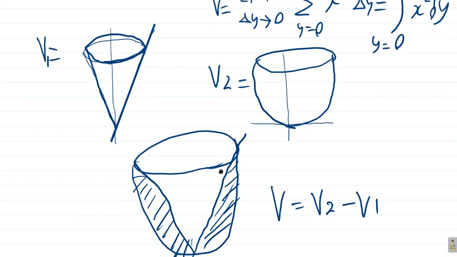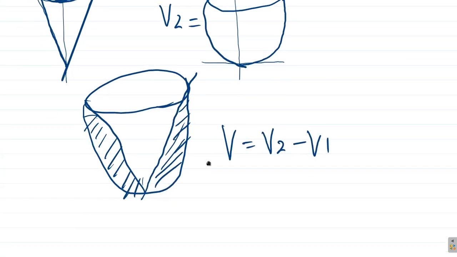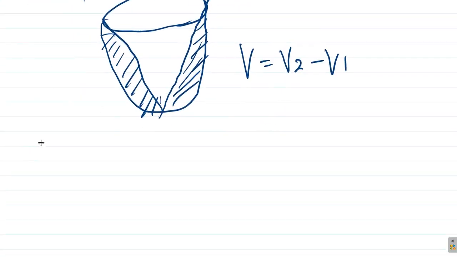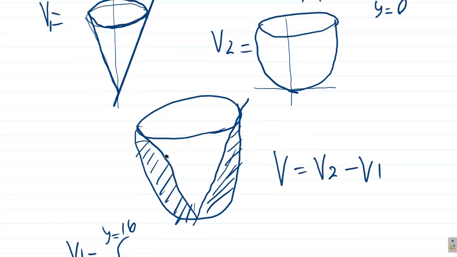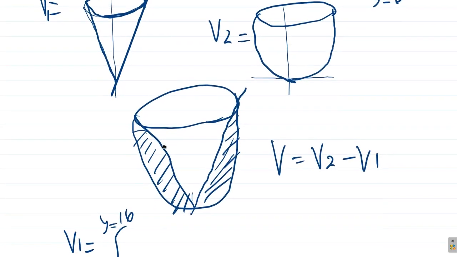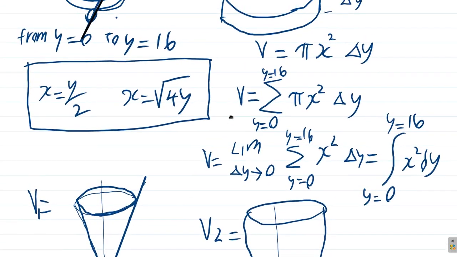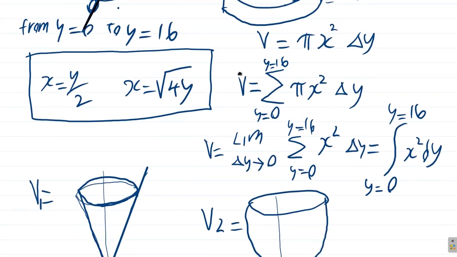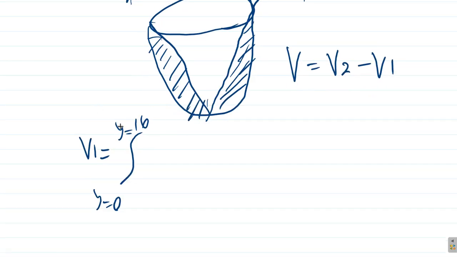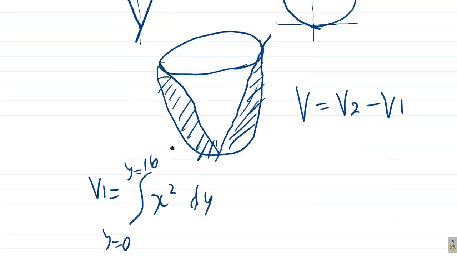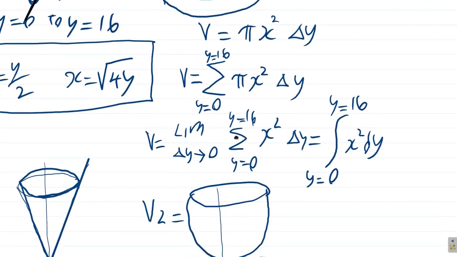So in this case now, V1 is going to be the integral from y equals 0 to y equals 16 of, now, what we have is the straight line. Let's write it as it is first, x squared dy. But pi, my gosh, I don't want to forget the pi.